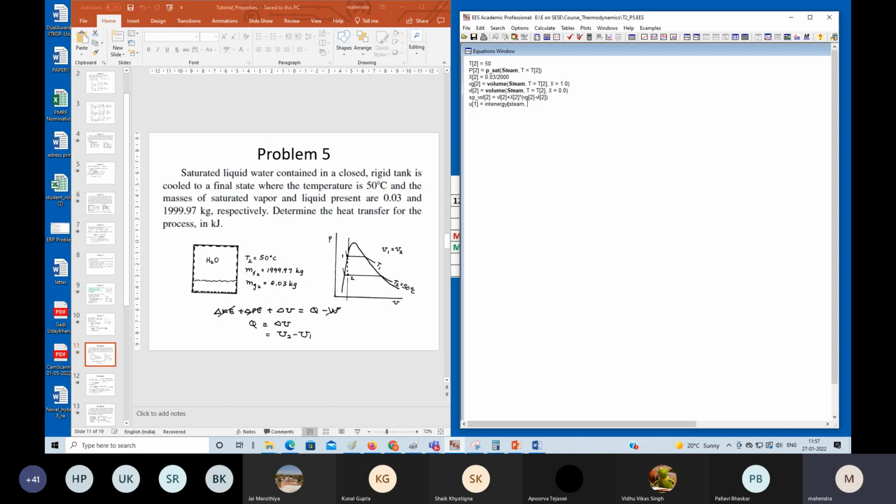Then T equal to T2. Otherwise, here we are getting the specific volume, right? So we can give V equal to specific volume. That would be better.